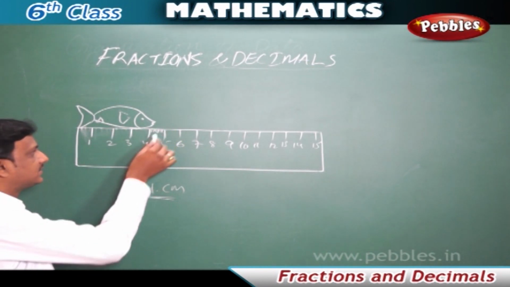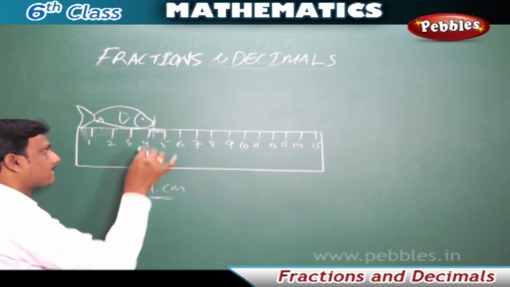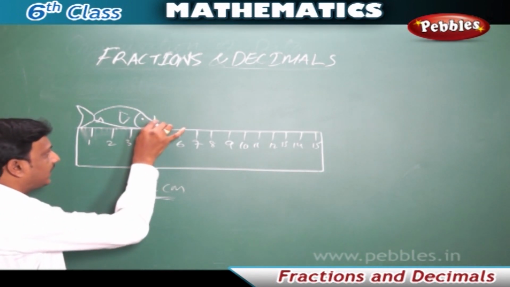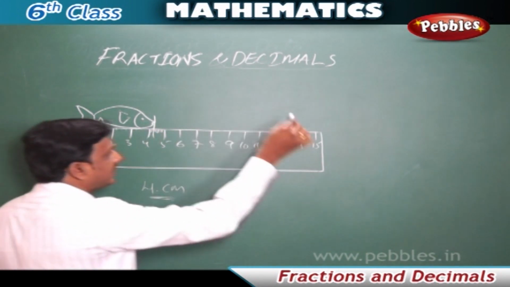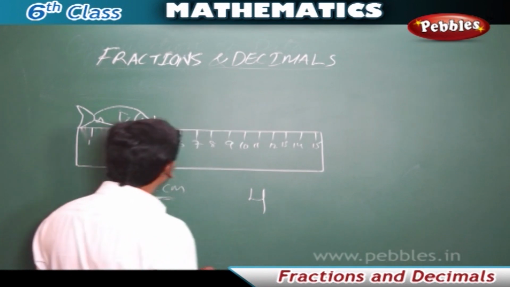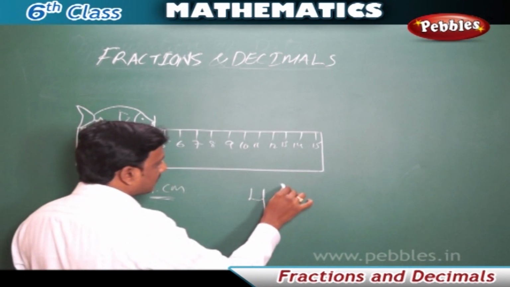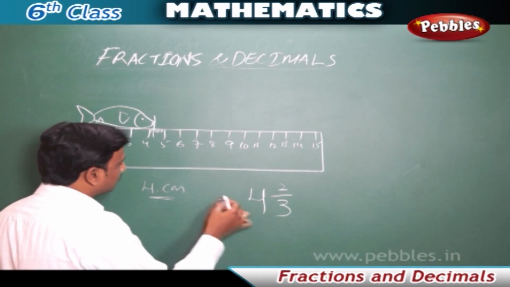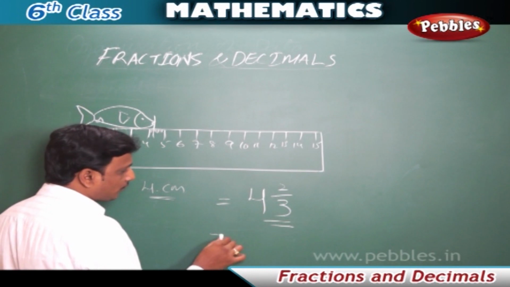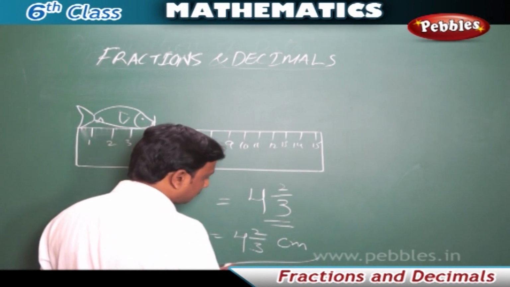So we made these 10 equal divisions. Now we draw a line. So it came till 4 centimeters, then 2 of the 10 divisions. So the length of the fish becomes 4 2 by 10 centimeters.